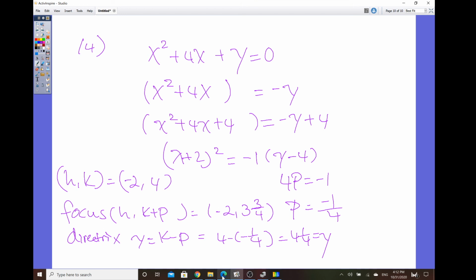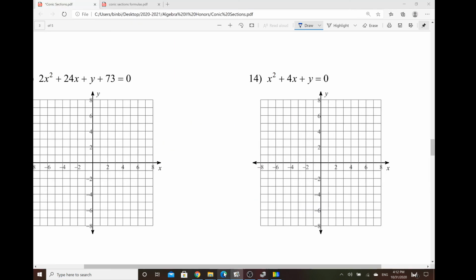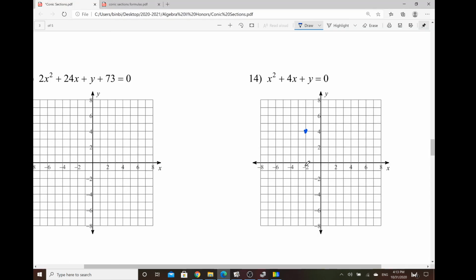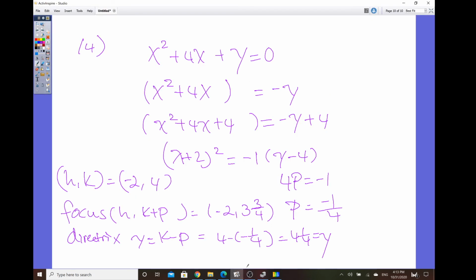Okay, so going back to the template. For the vertex, we do have negative 2 comma 4. And then the focus, negative 2, 3 and 3/4. Wait a minute. No, negative 2, 3 and 3/4.